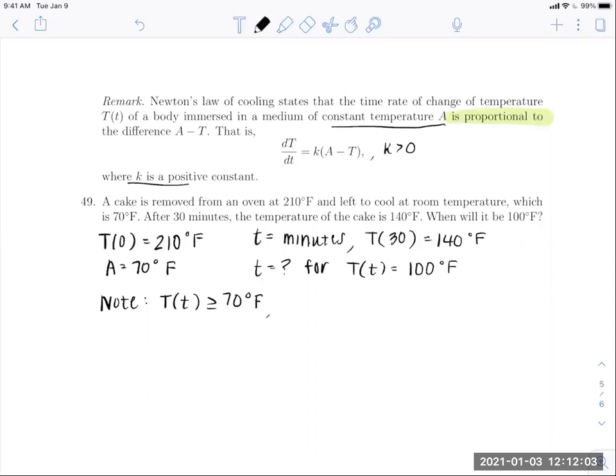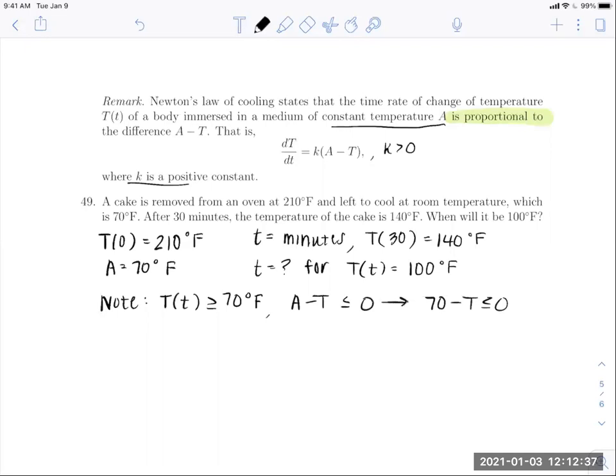All right, so what that tells me is that the expression A minus T, where A is 70, is always going to be, in this case, less than or equal to 0, right? At first it starts at 210 degrees and then it's lowering and it's lowering, but it's never going to get below 70. So in other words, I can write this as 70 minus T is always negative.